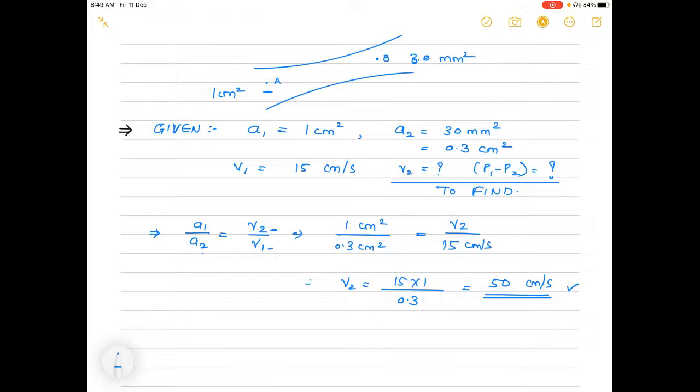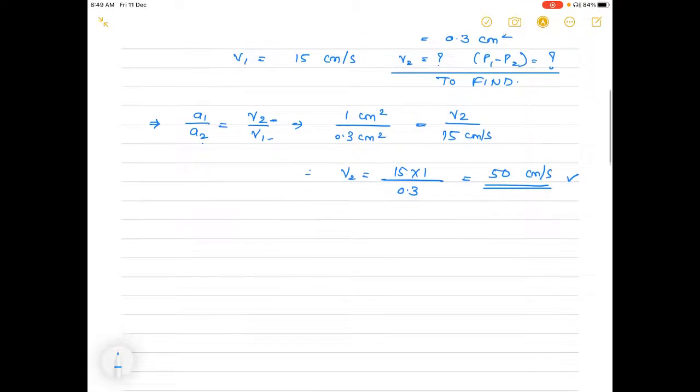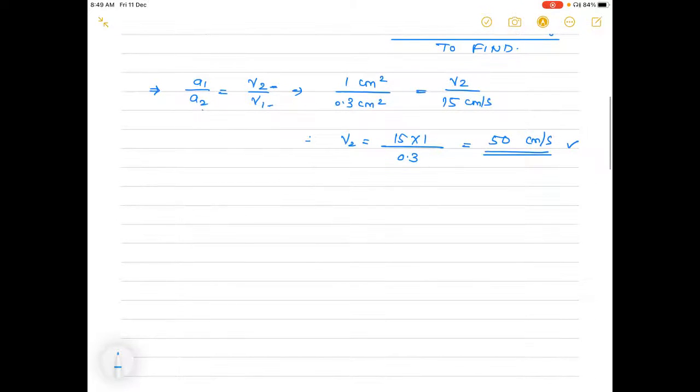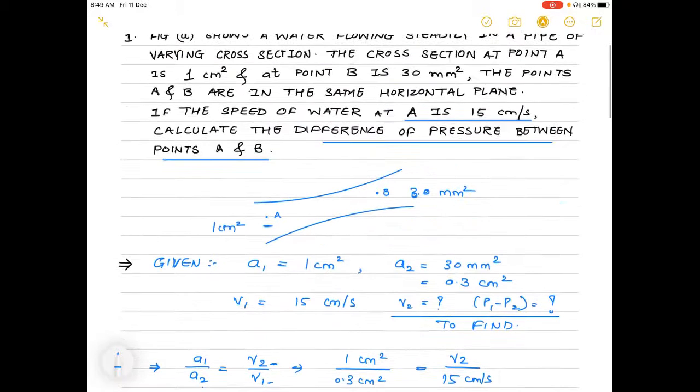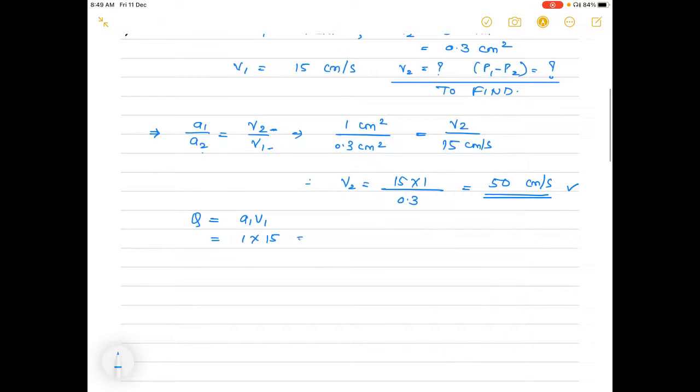The second thing that we have to find out is the pressure difference. To find the pressure difference, we know that the amount of water flowing through the pipe is given as A1 V1. A1 we know, V1 we know, so A1 into V1 is equal to 1 into 15, equal to 15 centimeter cube per second.